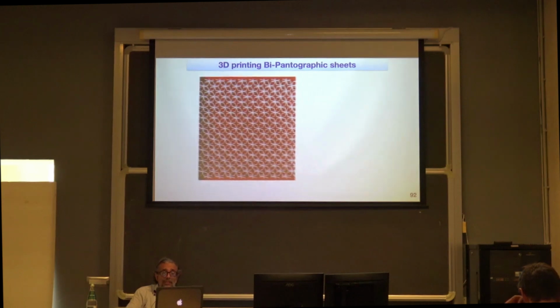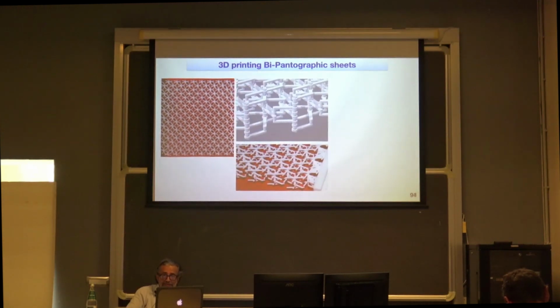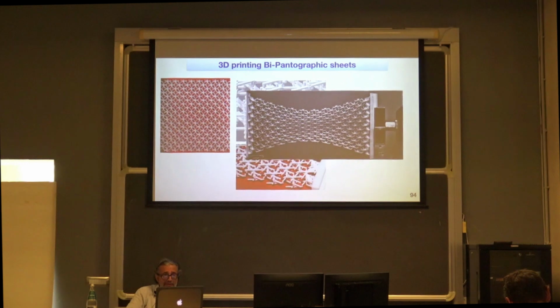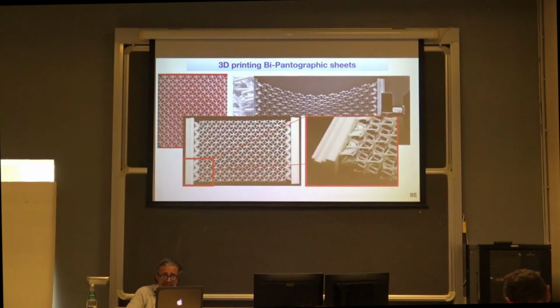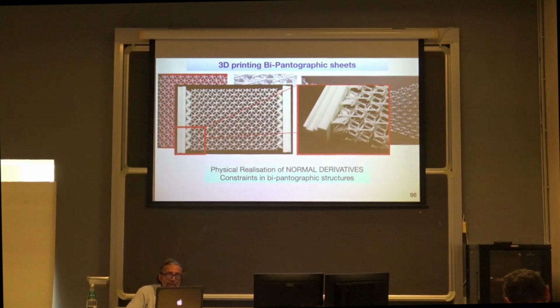Printing bipantographic sheets has been possible, and some very exotic behavior has been observed. I need to use 2 minutes more, maybe. We have implemented normal derivatives constraints in bipantographic structures.